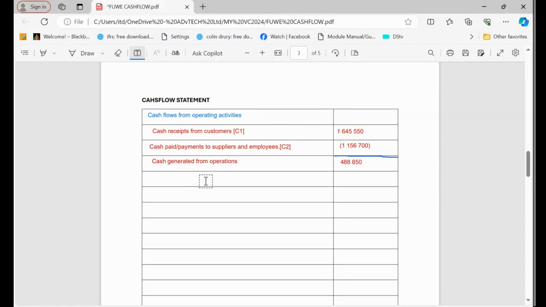Think about yourself as a human being. You are working, they pay you a salary. That is your operating income. But you do have some investment that you made, let's say at ABSA. Can you see that that income is not operating?